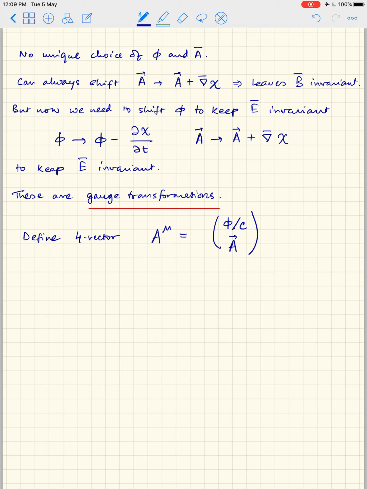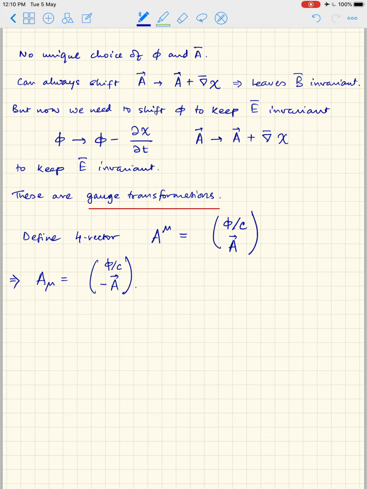We will see why we had to put in a factor of c. This is something that will become apparent. If this is the upper one, then you also know that the lower component is going to be phi over c and minus A vector. So that is equivalently A mu.